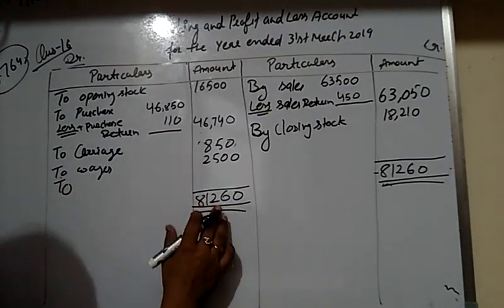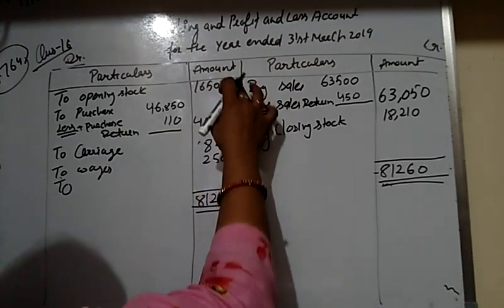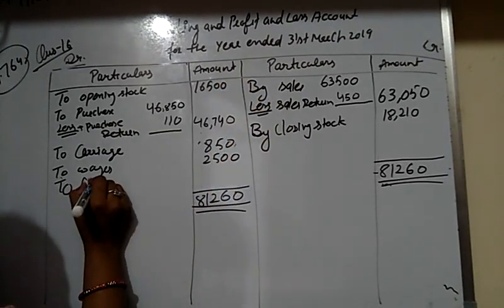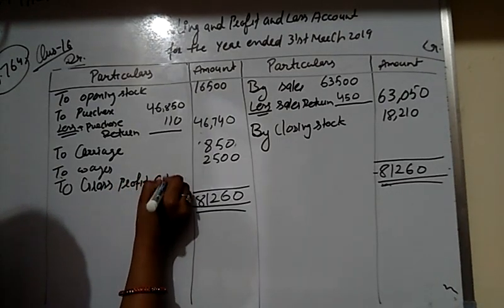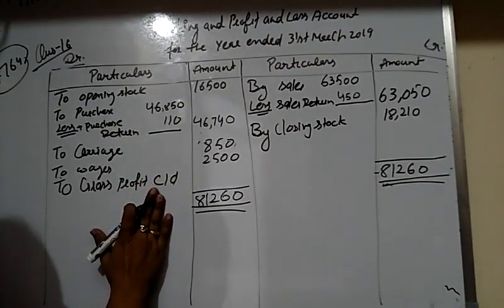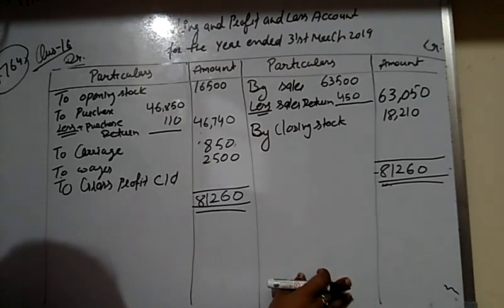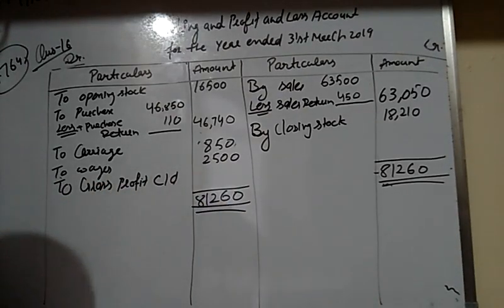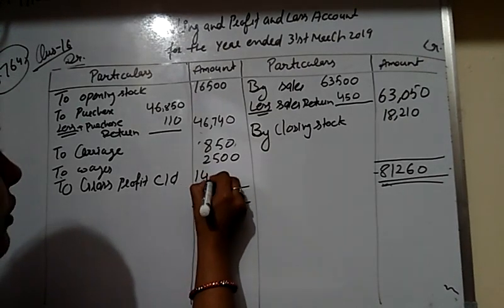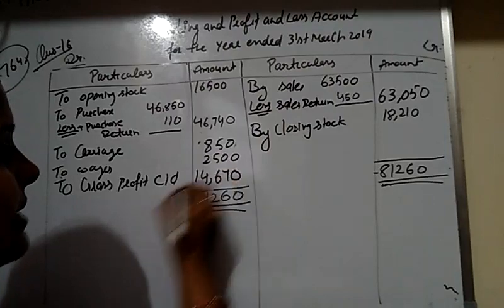When we deduct, there is a gross profit available. So we write gross profit carried down, because we carry down the gross profit to the profit and loss account on the credit side. The gross profit is, students, 14,670.